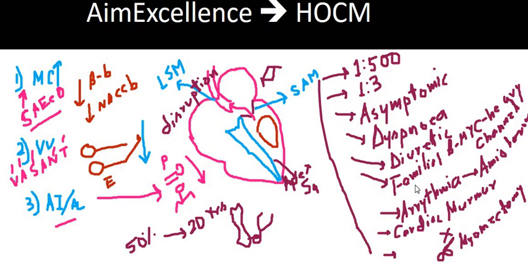There is a familial presentation too, apart from the idiopathic, and the most common gene is the cardiac beta myosin heavy chain gene. It can lead to arrhythmia too, and this arrhythmia is countered by amiodarone. If after giving all the treatment the condition is not relieved, then we can go for the surgical option, that is myomectomy.